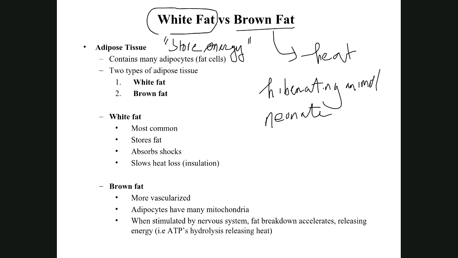They might have a lot of brown fat, and breaking down that brown fat generates ATP and heat. White fat is basically insulation, but you can also store energy in that fat. In fact, a gram of fat would generate more ATP than a gram of carbohydrate.